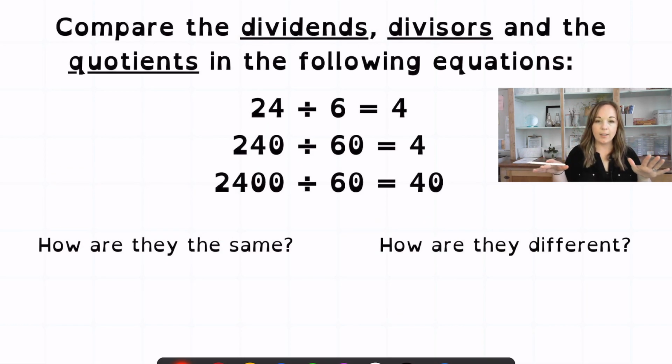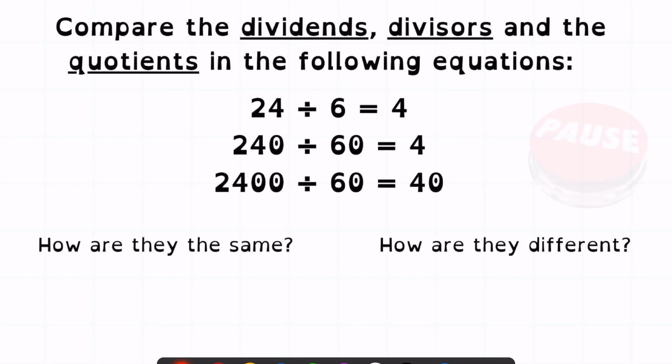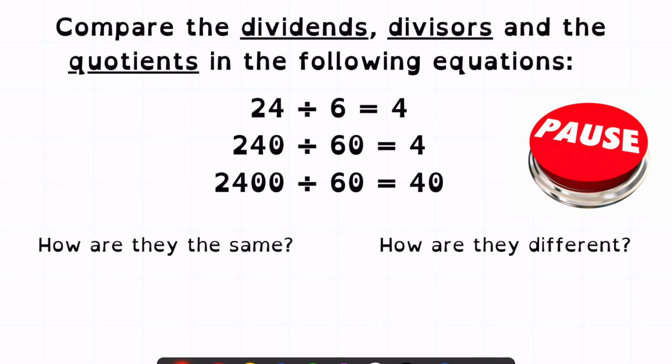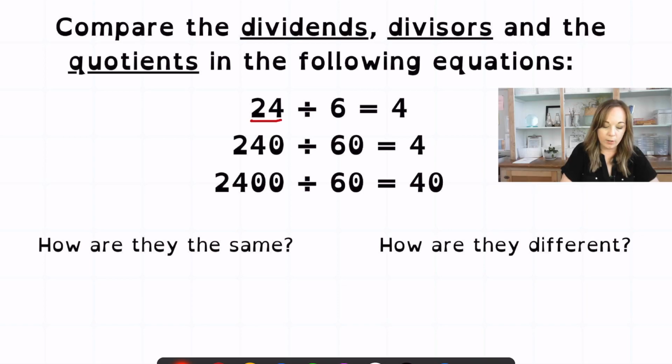Okay, now let's look and see how trailing zeros affect division questions. Take a moment to compare the dividends, divisors, and quotients in these equations and see what patterns you can see. So every question starts with the digits 2 and 4, and the divisor in each question contains a 6.